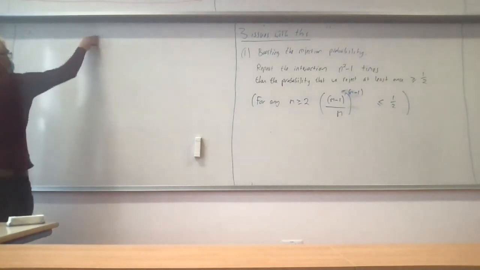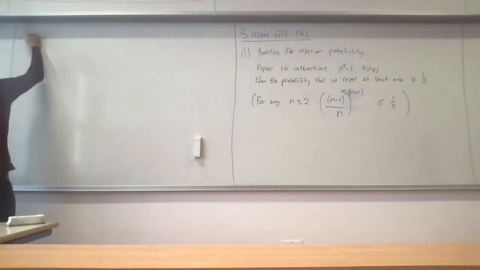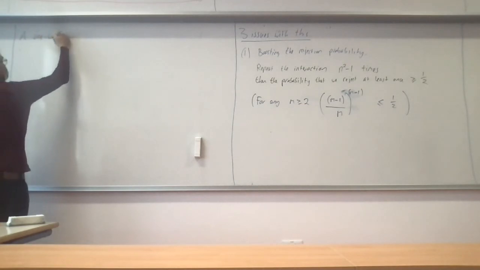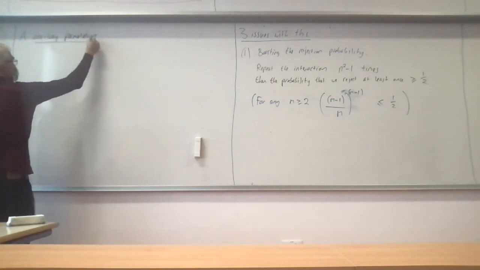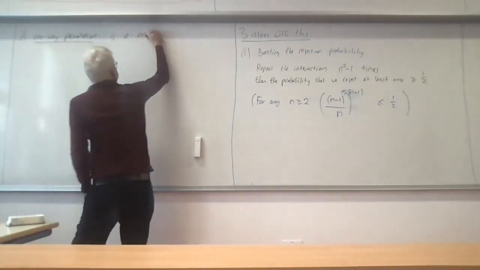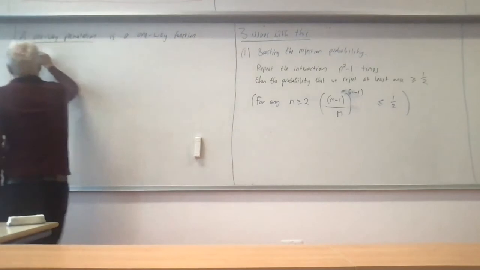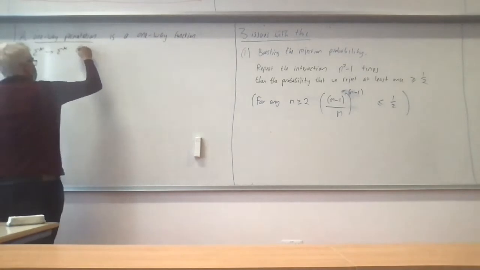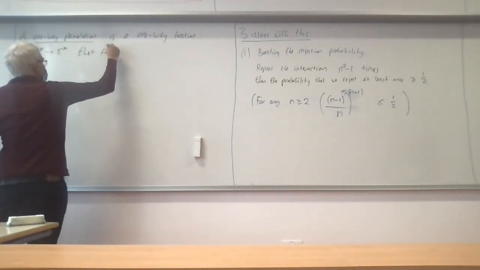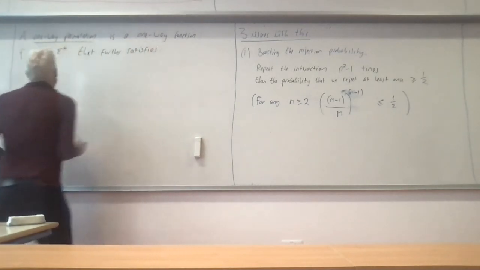But actually we're going to make a slightly stronger assumption, which is that a one-way function of an important kind exists. That's a permutation. A one-way permutation is a one-way function that further satisfies the following.